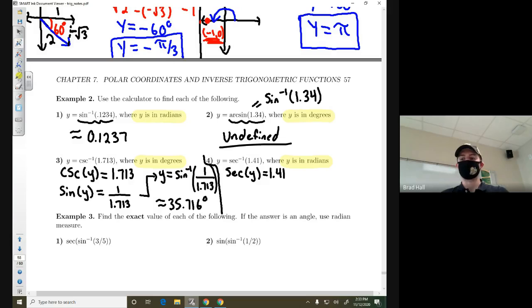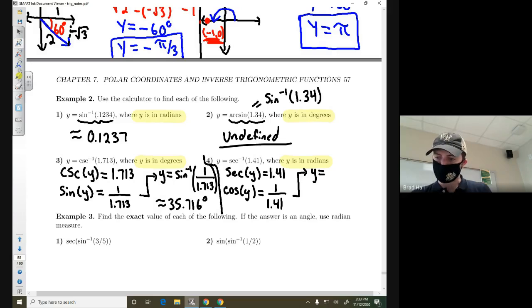And then flipping or reciprocating both sides, because the reciprocal of secant is cosine. But if we flip one side, we have to flip the other side. And from here, we reapply the inverse, but now the inverse, instead of secant inverse, it's cosine inverse.